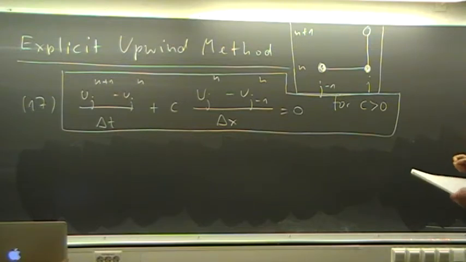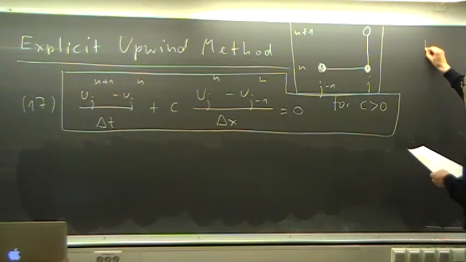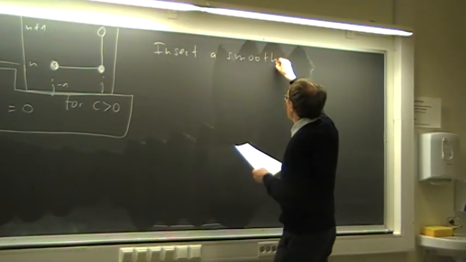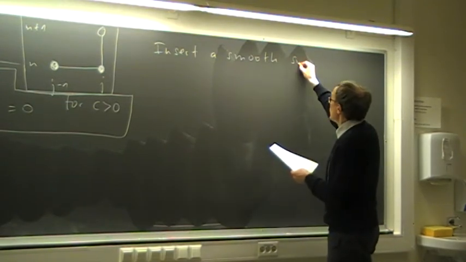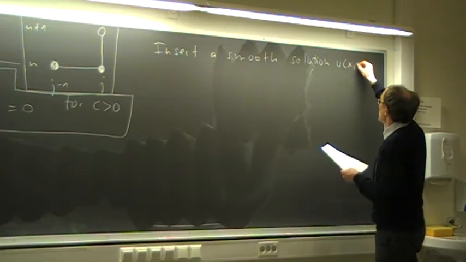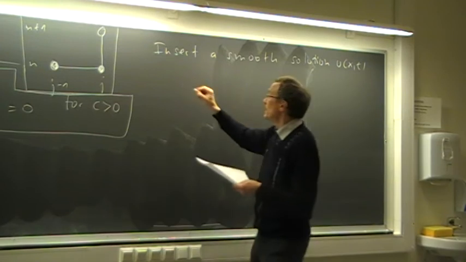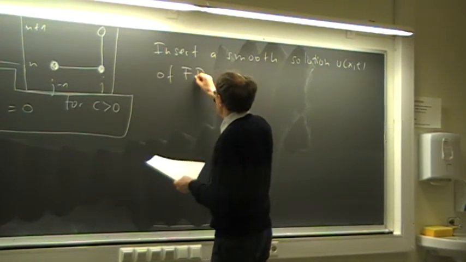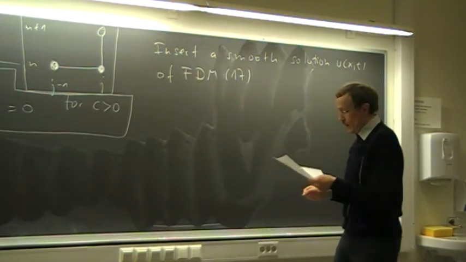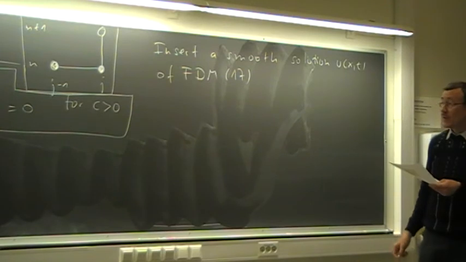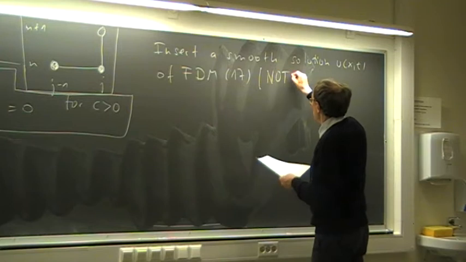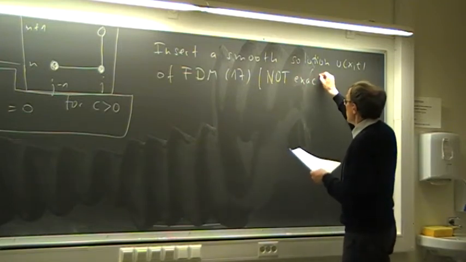So for the modified equation approach, we insert a smooth solution u of x,t, not of the PDE, but of the finite difference method that we want to solve. In that case, it is our explicit Upwind method. So we want to stress that it is not an exact solution of the PDE in that case.